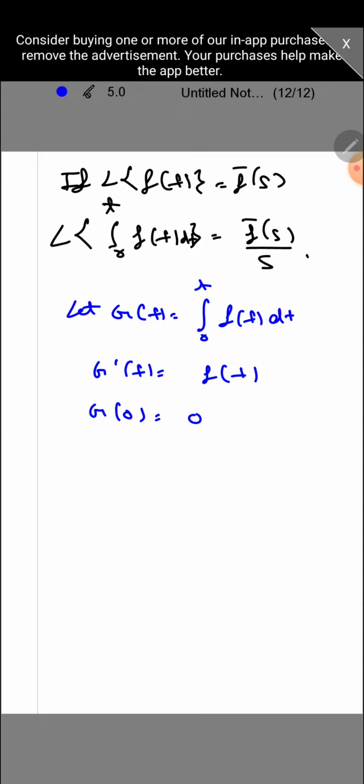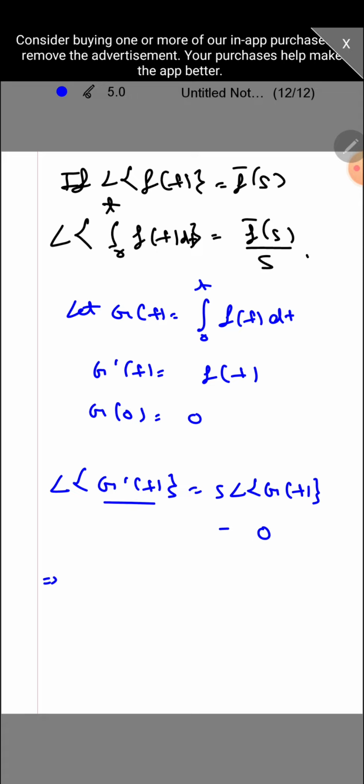So see, the Laplace transform of g dash t. We are using the Laplace of derivatives from the previous one. It will be s times the Laplace of g(t) minus g(0), which is 0. And g dash t is your f(t), right?